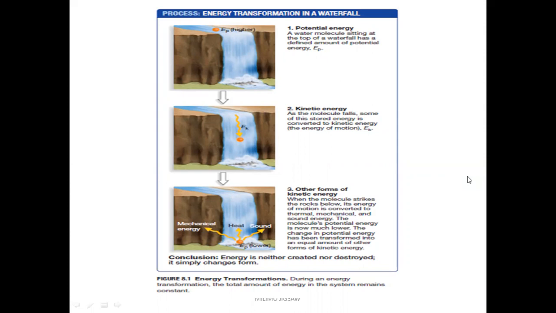In short, energy is neither created nor destroyed; it simply changes form. Energy undergoes transformations, and during the whole process, the total amount of energy in the system remains constant.